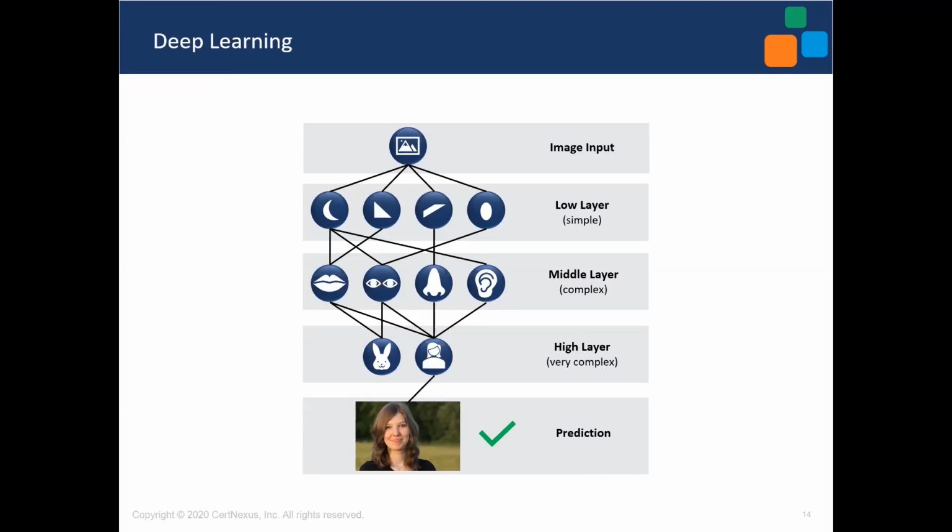Let's just use a photo here, right? We input an image of a photo. That lower level says, hey, I can identify shapes. I can identify triangles. I think that's a rhombus.